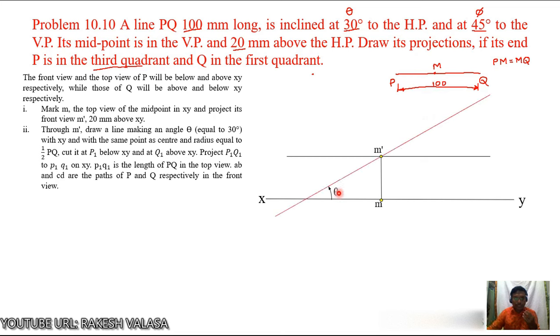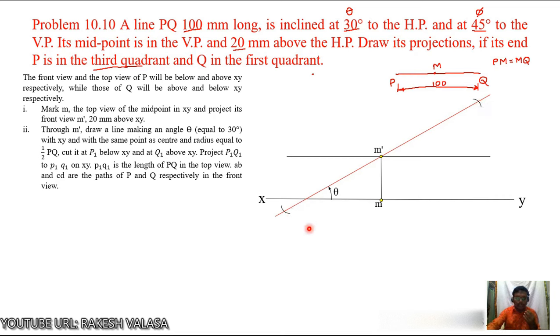Now take your engineering compass and measure half of the line length, that means 100 by 2, 50 mm, with M dash as center. Cut this 30 degrees line above and below the XY. This is above XY and this is below XY.